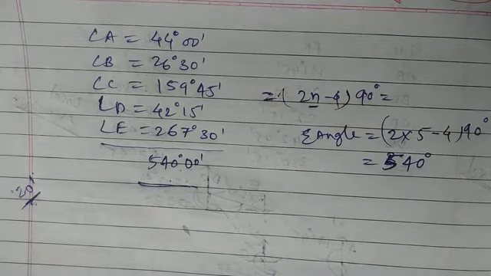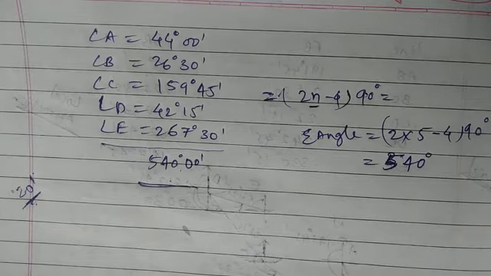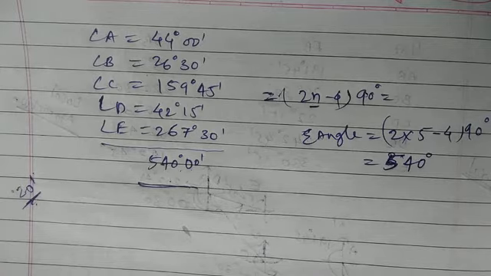In this video we have discussed how to calculate the interior angles of a traverse by the traditional method. In this, first of all we draw the traverse. You have to adjust the traverse according to the fore bearing and back bearings of the lines.